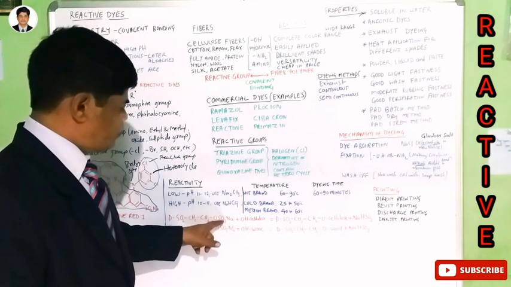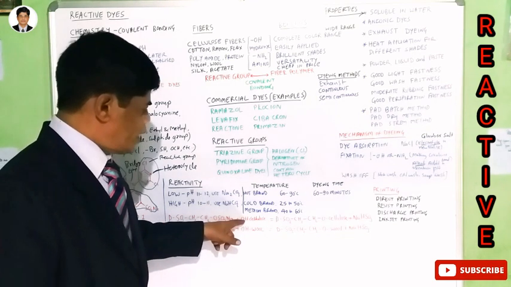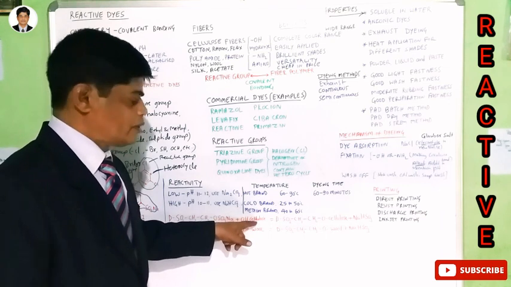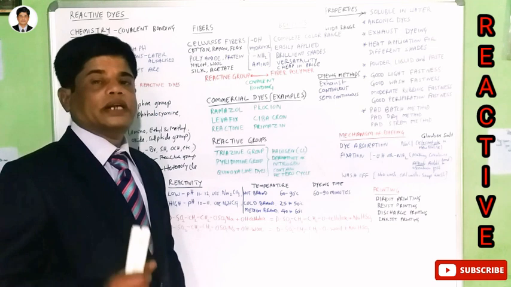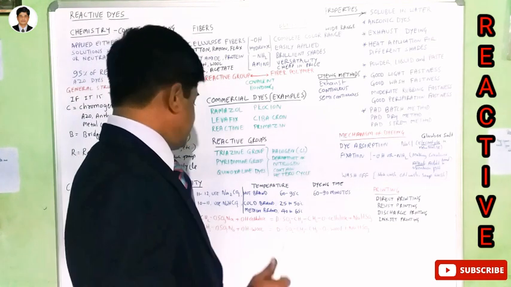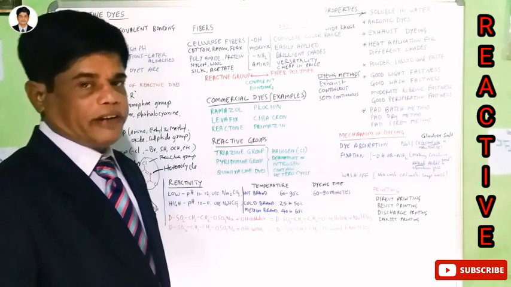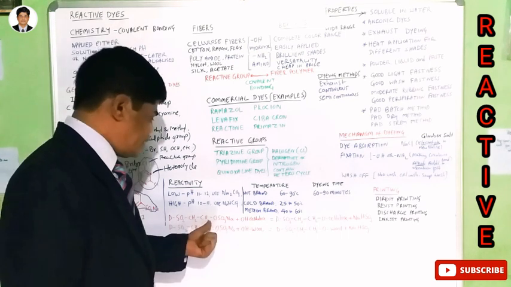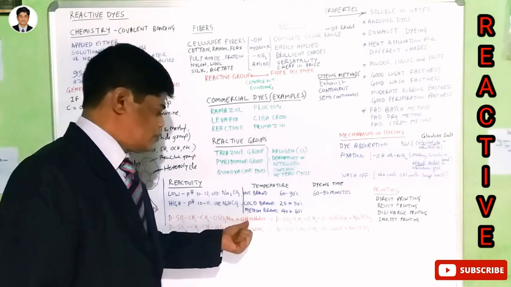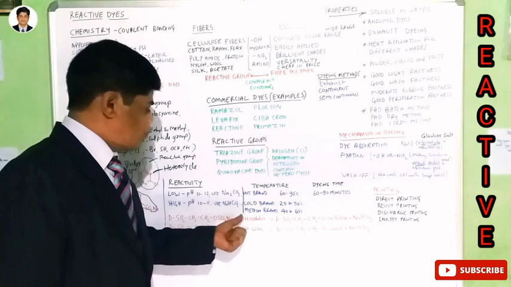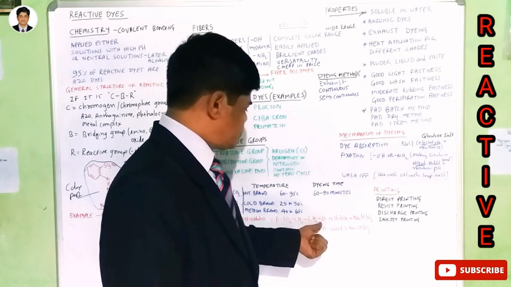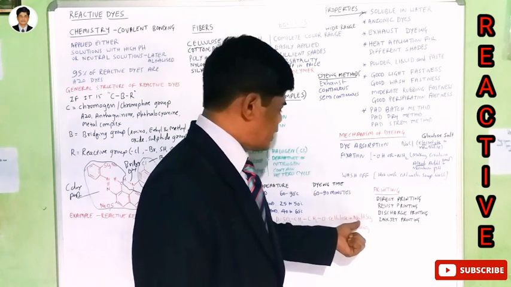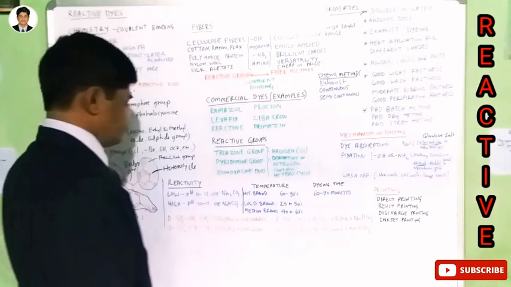This reacts with OH of cellulose. Cellulose means cotton. Cellulose means OH. The hydroxyl group is available in cellulosic fibers. This dye reacts with the hydroxyl group, making a covalent bond and giving D-SO2, CS2, O-cellulose plus NaHCO3.